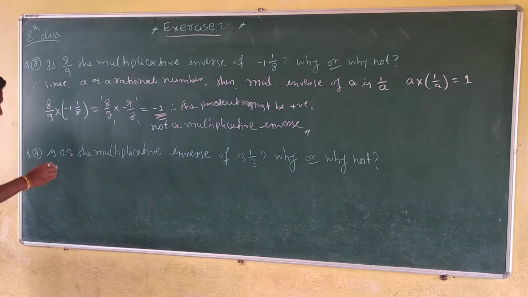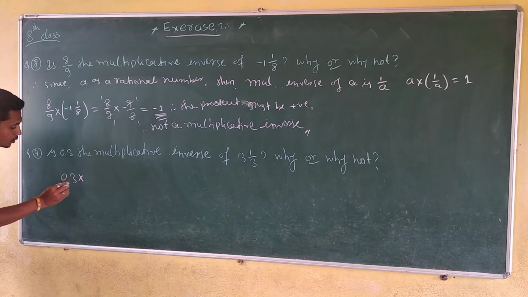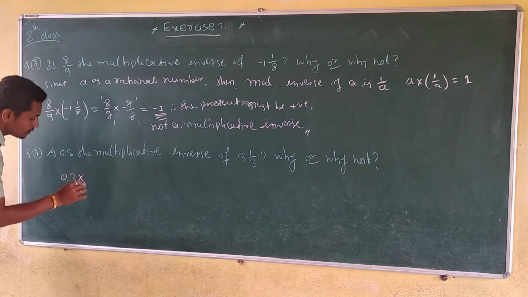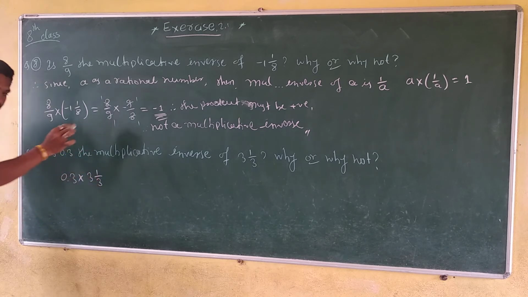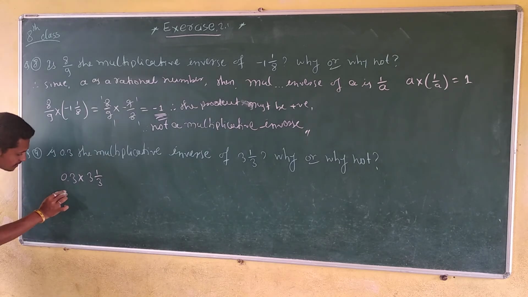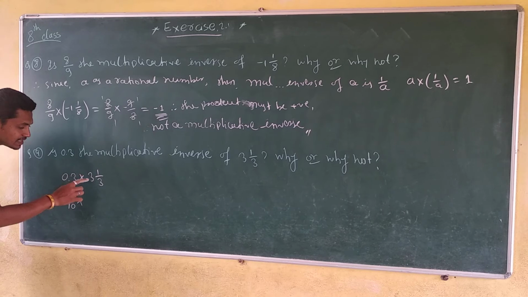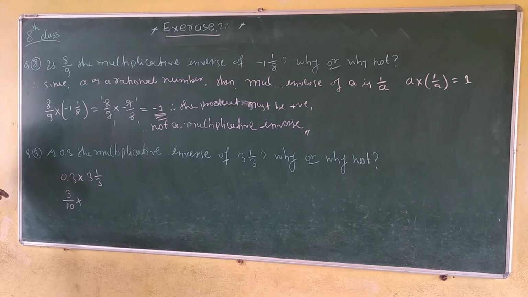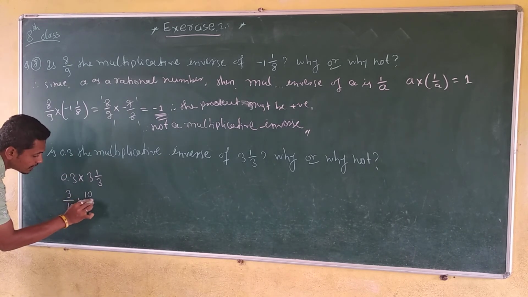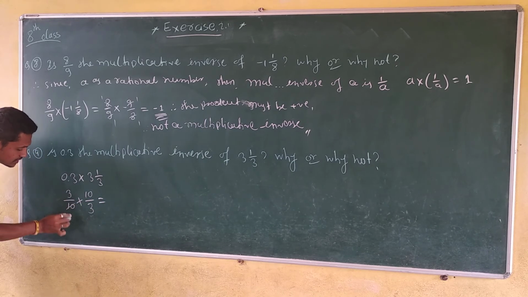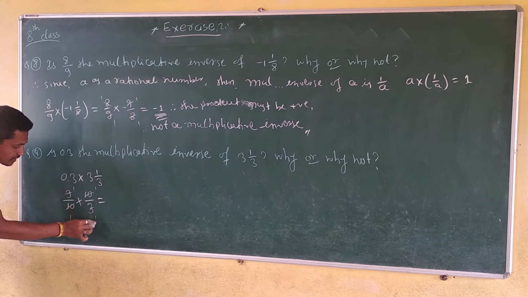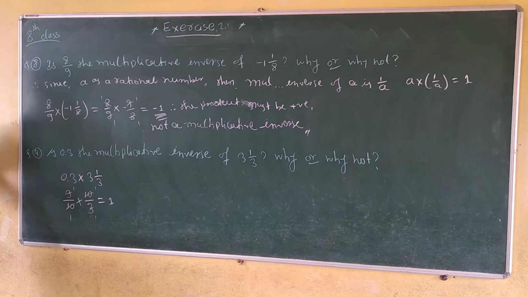So here 0.3 can be written as 3 divided by 10, into 3 3s are 9, 9 plus 1 is 10, so 10 divided by 3. 10 ones are 10 and 3 ones are 3, so the answer is 1.